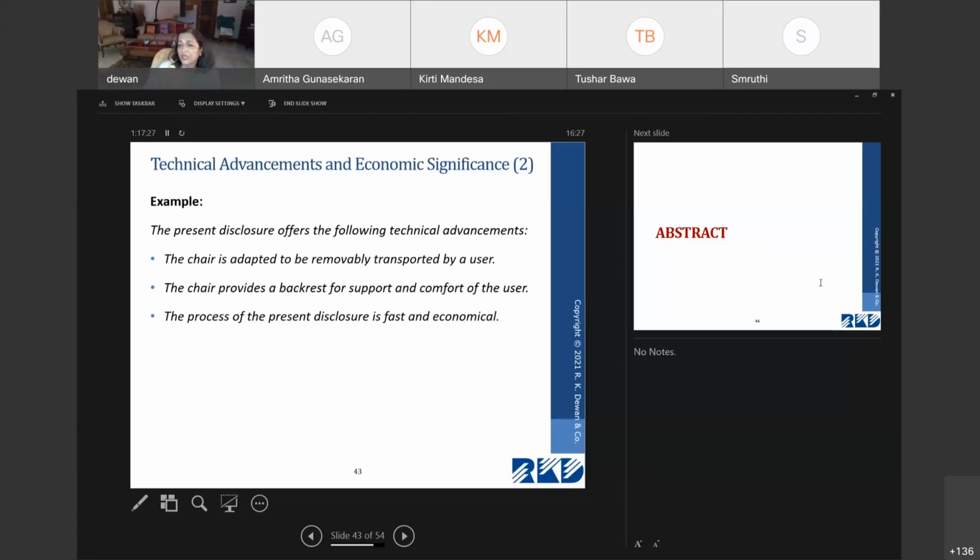You cannot say put 80 to 200 grams of X compound. You cannot, because in a particular experiment you would have used 80 or 85 or 90 or 100. You cannot give a range like this. Put 80 to 200 grams of this substance. So these are the common things that I've seen.